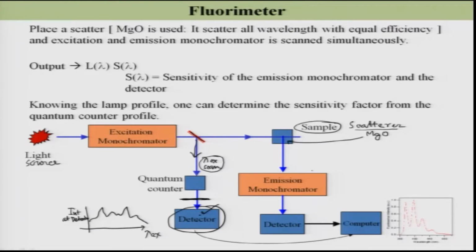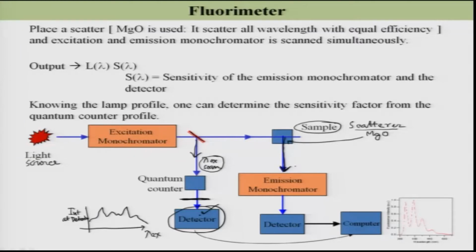It is just a Rayleigh scattering. When this excitation light falls on the scatterer, the scattering takes place in almost all directions, and the scattering intensity will also come in this direction.